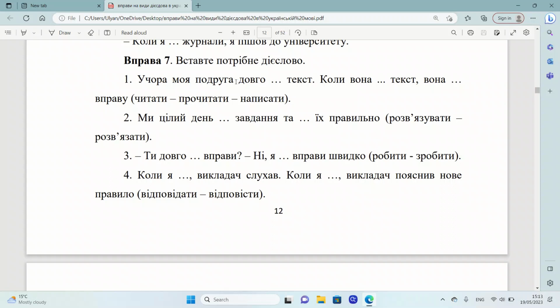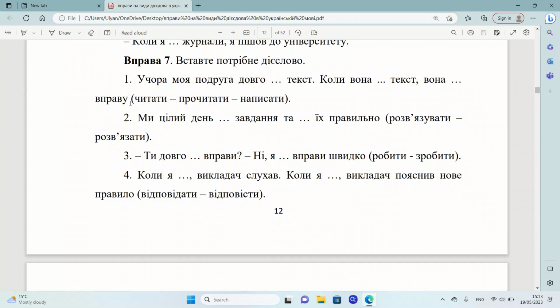So yesterday my friend for a long time the text. So довго, we know it's for a long time, so it's probably duration, and duration is an imperfective verb. So учора моя подруга довго читала текст.